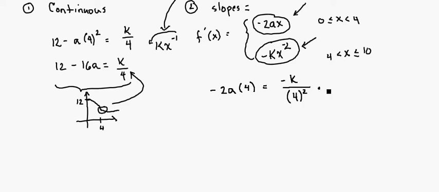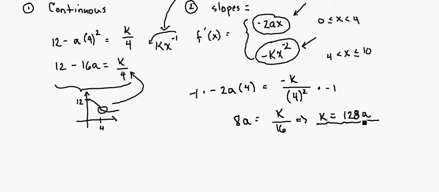We could easily multiply both sides by negative 1. That's helpful just to not have it sitting there. And we're going to get 8a equals k divided by 16. And I might even simplify that further and find that k is exactly equal to 16 times 8 times a, which is 128 times a. So as long as my a and my k values satisfy this, we know that the two slopes are equal.